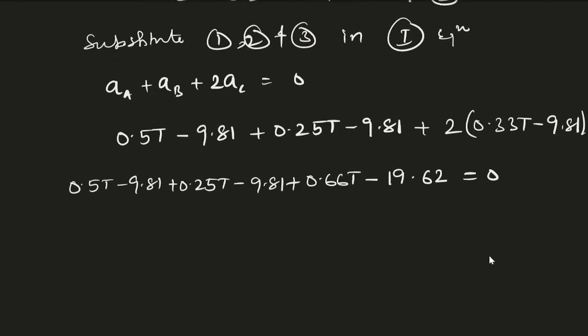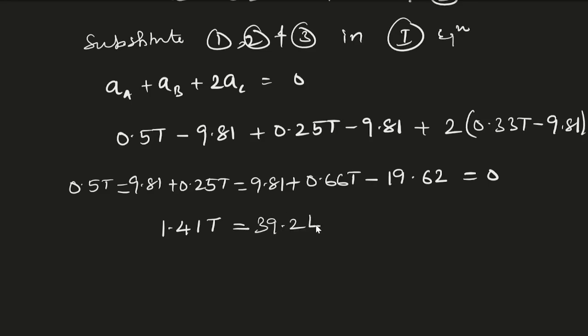Now we add all the values: 0.5T plus 0.25T plus 0.66T, so I got 1.41T. Again, we have minus, minus and minus, so all are minus. I can take it to the other side, so this will be equal to 9.81 plus 9.81 plus 19.62.